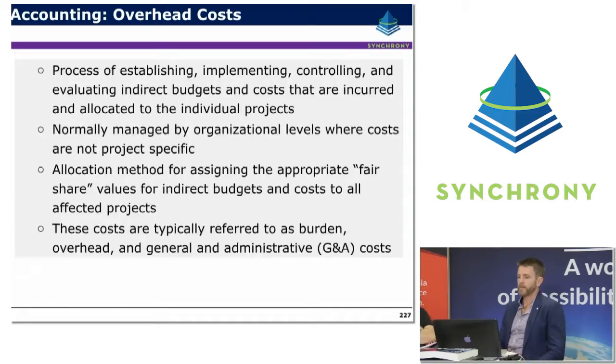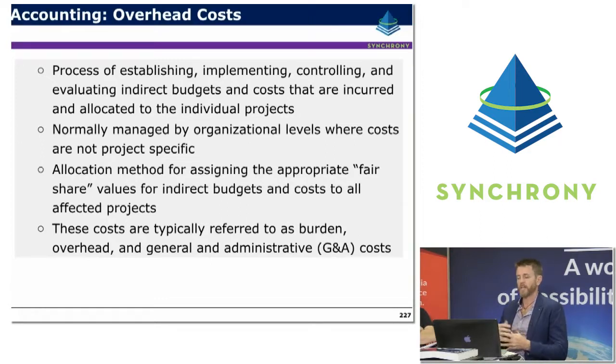The process of establishing, implementing, controlling and evaluating indirect budgets and costs that are incurred and allocated to individual projects is something that's really important to understand. It's often outside of the area of the project controller or the earned value practitioner.